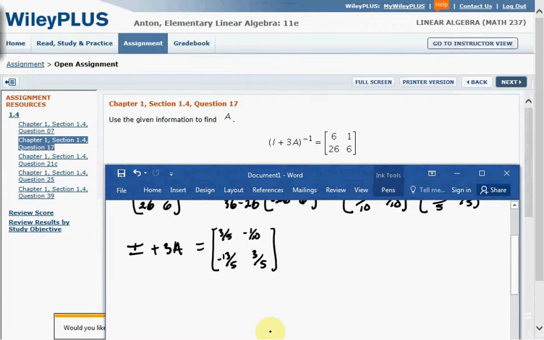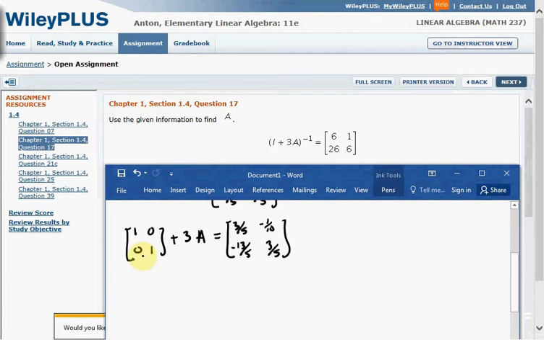Right? So the identity matrix for a 2 by 2 is 1, 0, 0, 1, plus here 3 times some matrix A is equal to the 3/5, negative 1 over 10, negative 13 over 5, 3/5.